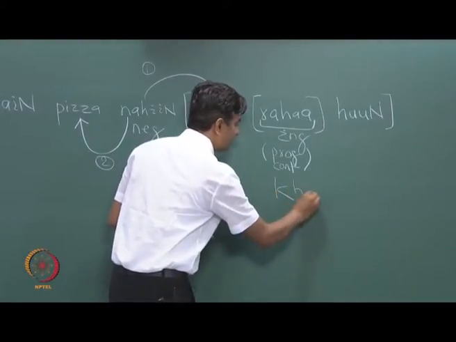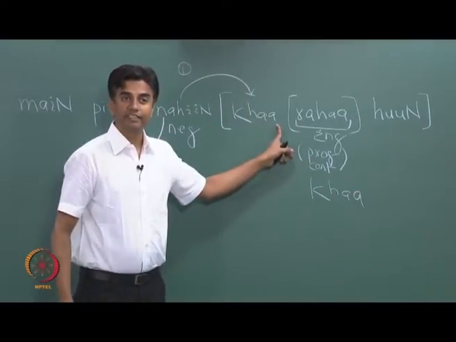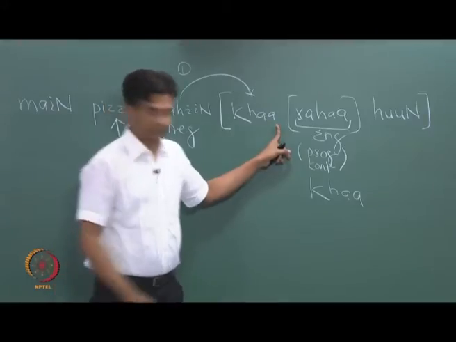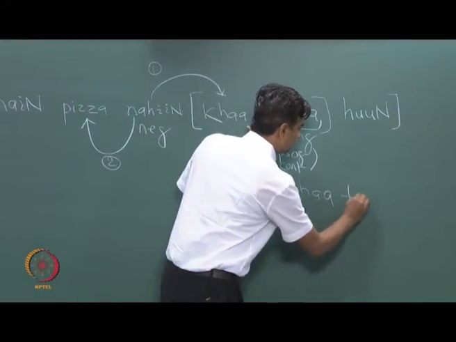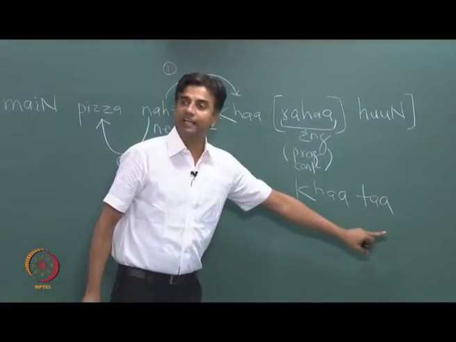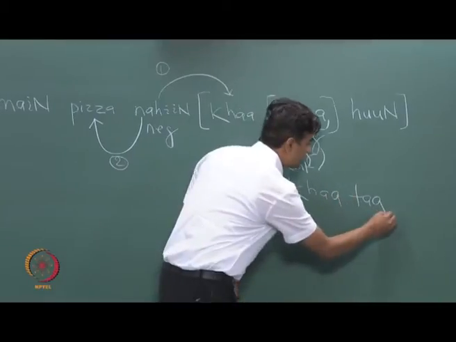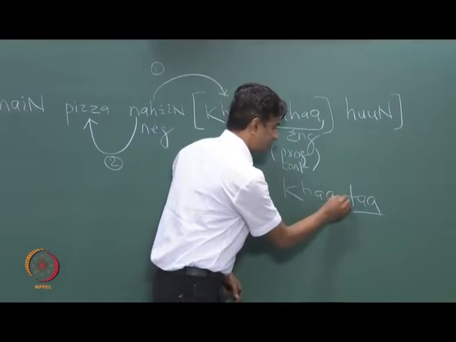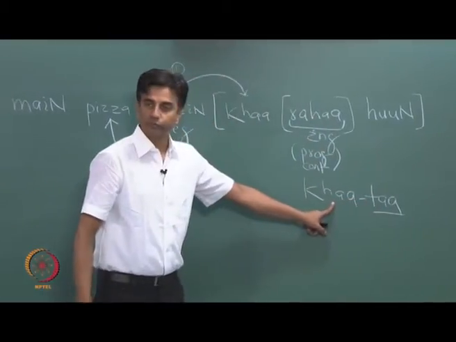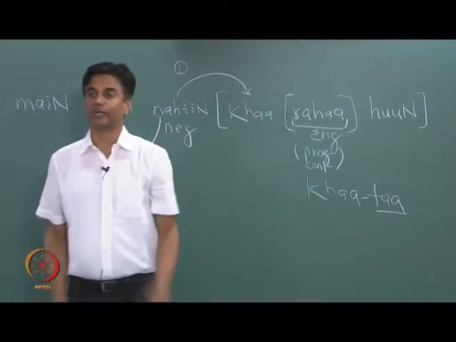In that case, we have to say kha, this part, right, and ta. This is an aspect marker. And when we say this is an aspect marker, this is the verb root, an aspect marker. This does not come as an independent word.